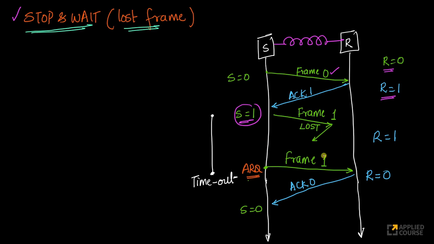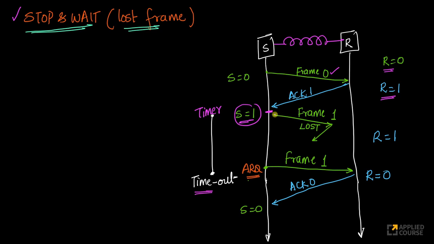So what happens now? To handle situations like this, there is something called a timeout. The moment the sender sends frame 1, it starts a timer on its side, a software timer or a hardware timer.